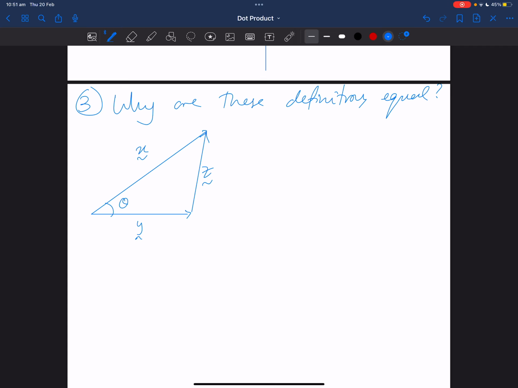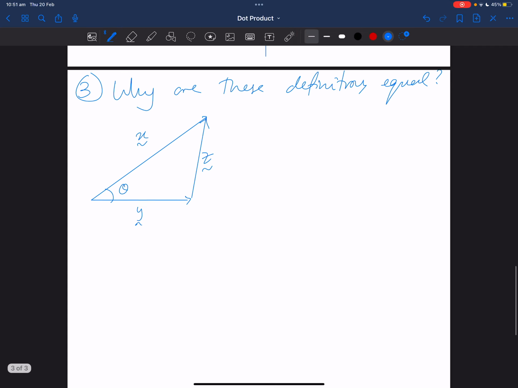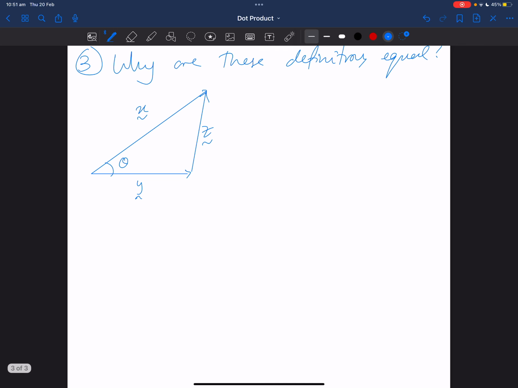The cosine rule will relate the side lengths with this angle theta. So if you remember that formula, it's just that this length squared equals x squared plus y squared minus 2xy cos theta.